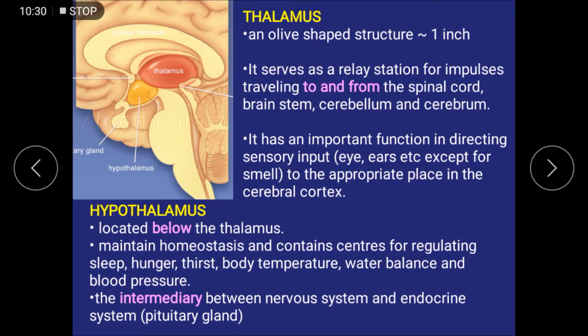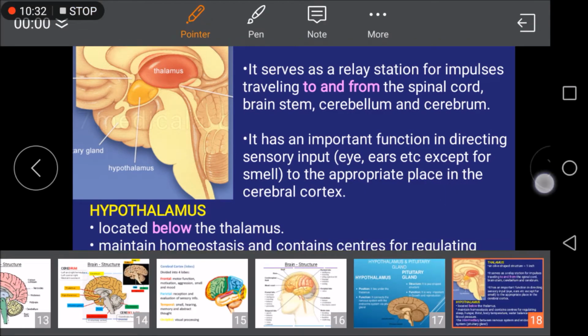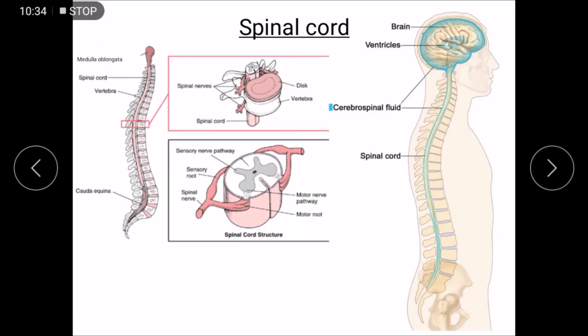Okay, next one. From the brain, the first part of the central nervous system, we move to the second one, which is the spinal cord. The spinal cord is the nerve. If you remember chapter 2, we learned the vertebral column. We have altogether 33 bones there.